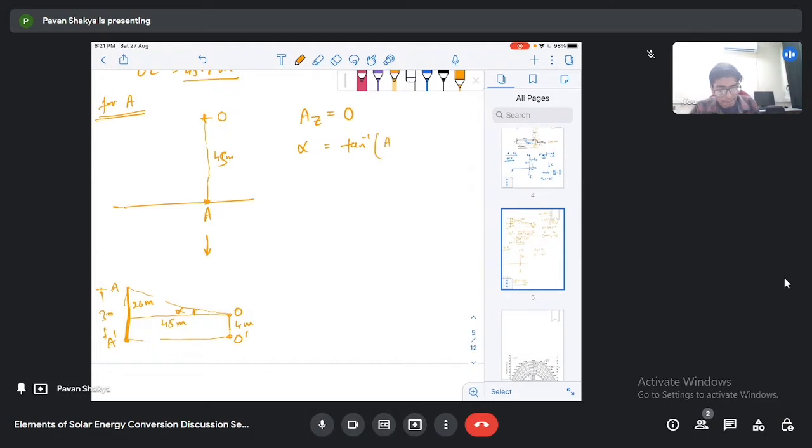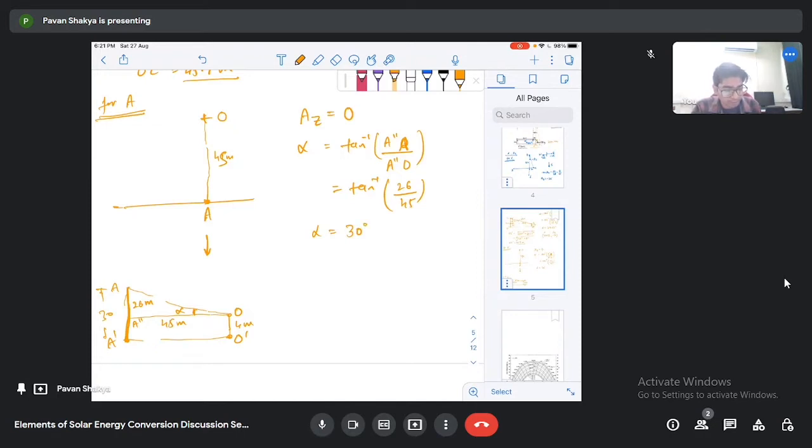If I am giving this as the A double prime, then it will be A double prime divided by A double prime O. Okay, when you put these values as 26 divided by 45, you will find that alpha comes out to be nearly 30 degree.